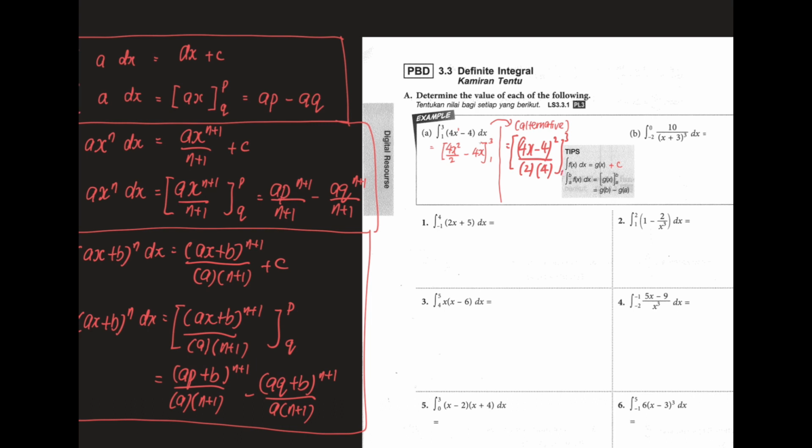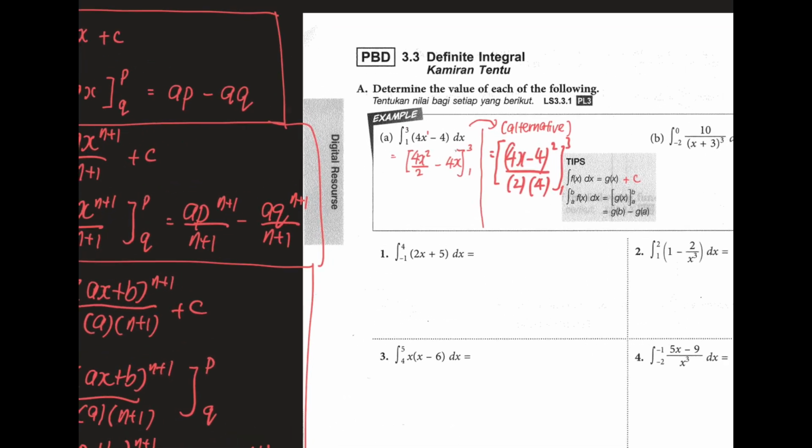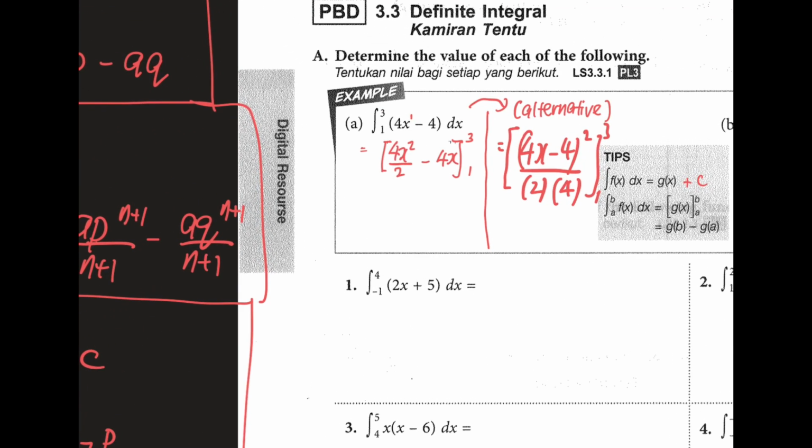Upper limit 3, lower limit 1. So I will do both at the same time. You can integrate one by one, then you can refer to the method on the left. Or you can integrate the whole thing as power 1, so it becomes power 2 over the a. The a is this 4. So both will be fine.